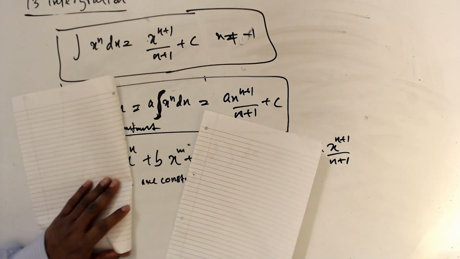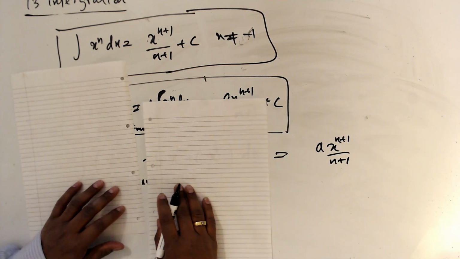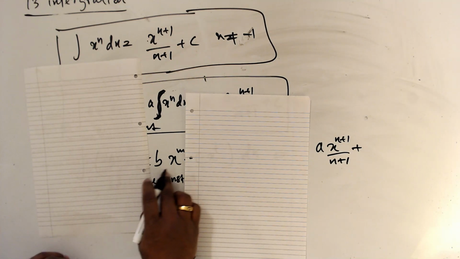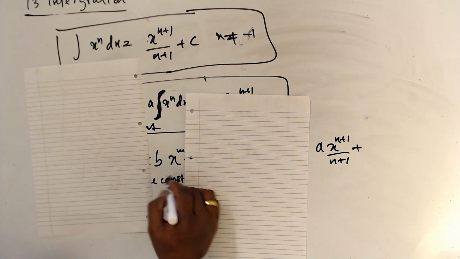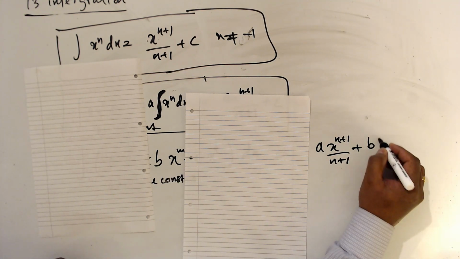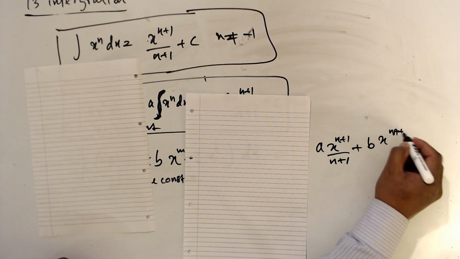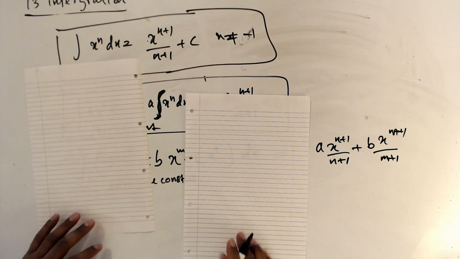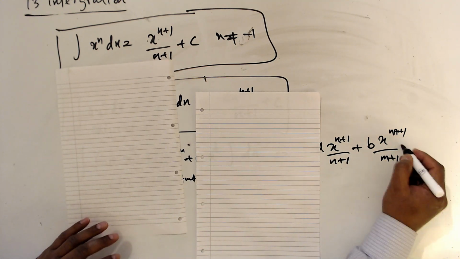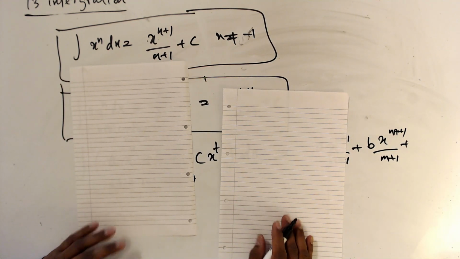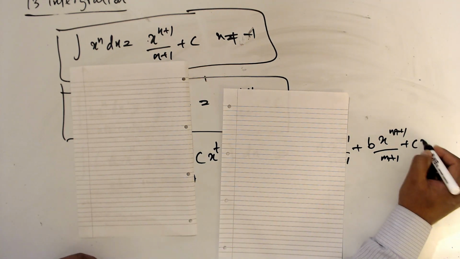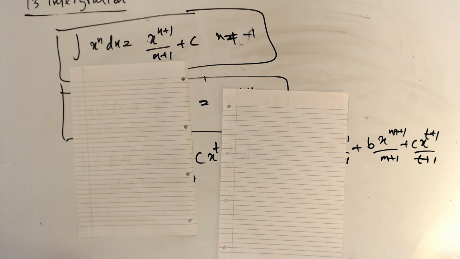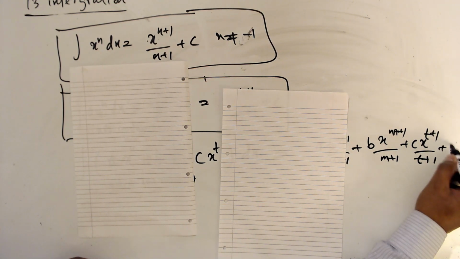Then what is the next one? Plus sign. Then bx^m: b x^(m+1) over m+1. Then plus sign, and what is remaining here? cx^t: c x^(t+1) over t+1. And plus d. d is the constant now.